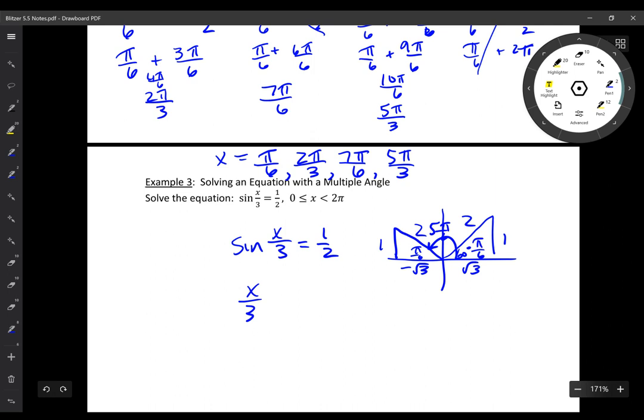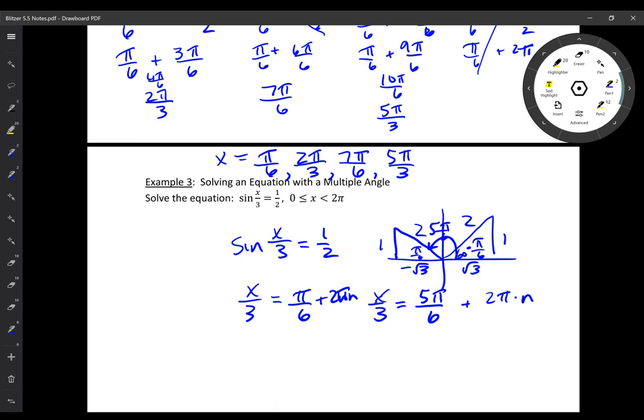So x over 3 is going to equal pi over 6, or x over 3 is going to equal 5 pi over 6. And then remember, we're going to have multiples of those, right? Plus 2 pi n. So here I want to go through and multiply everything by 3. So 3 pi over 6, because I'm dividing by 3, I've got to multiply by 3, plus 2 pi times 3 would be 6 pi n.